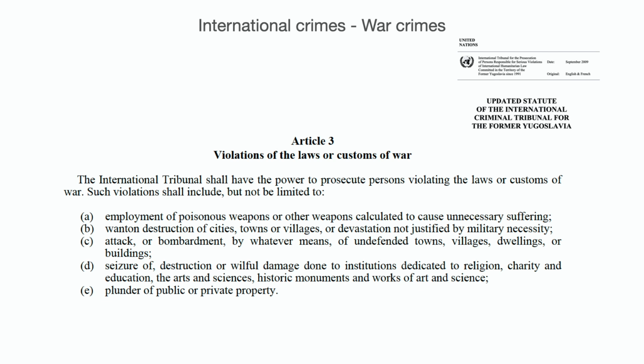Such violations include, but are not limited to, employment of poisonous weapons or other weapons calculated to cause unnecessary suffering, wanton destruction of cities, towns, or villages, or devastation not justified by military necessity, attack or bombardment by whatever means of undefended towns, villages, dwellings, or buildings, seizure of, destruction, or willful damage done to institutions dedicated to religion, charity, and education, the arts and sciences, historic monuments and works of art and science, and plunder of public or private property.